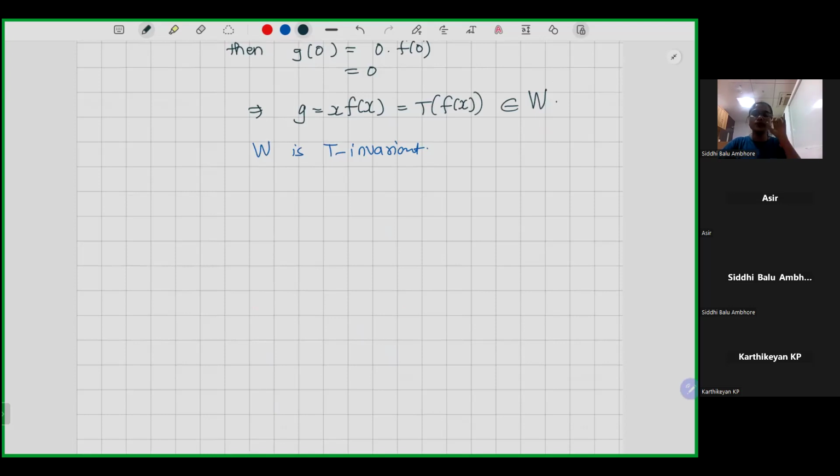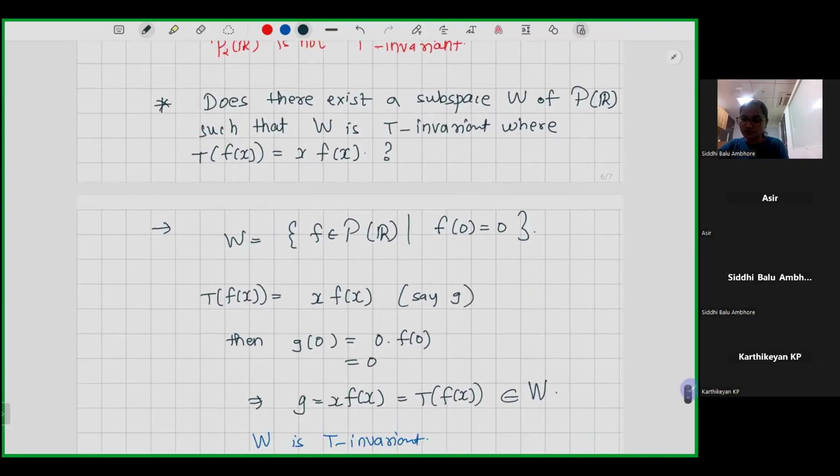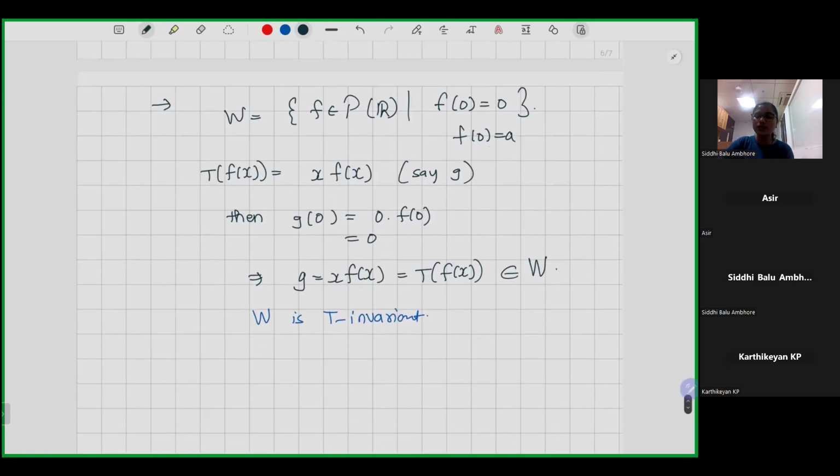Any doubts here? Here only for 0 it will work, or if I take any constant a, will it work? Suppose f(0) = a. But then this is not a vector subspace, right?